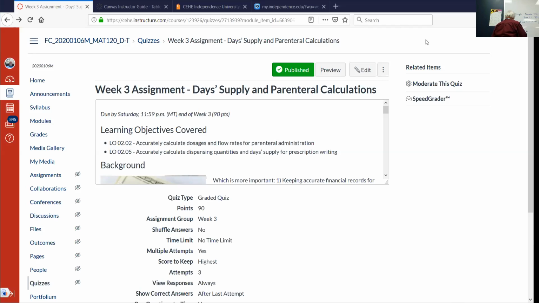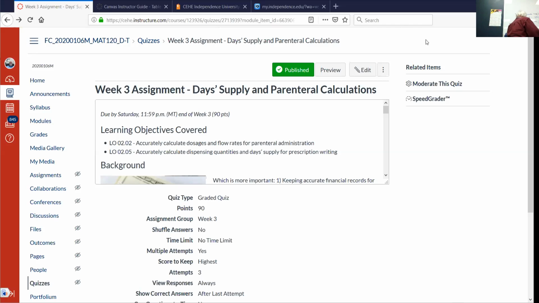We multiply by 60 minutes per hour. Okay? Simple. Another rule of thumb. When converting a dose per minute to a dose per hour, multiply by 60.